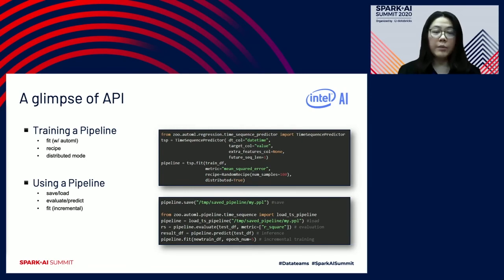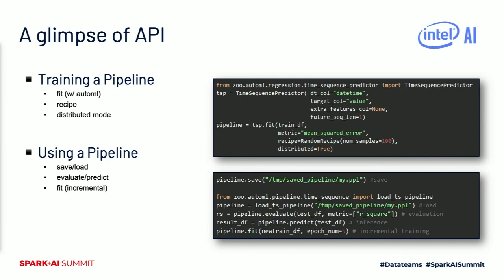Here's a glimpse of the APIs. To train a pipeline, you first create a time sequence predictor, and then just call fit on it to launch the automated training process. For fit, there is an argument called recipe, which you can use to configure how to do the hyperparameter search.